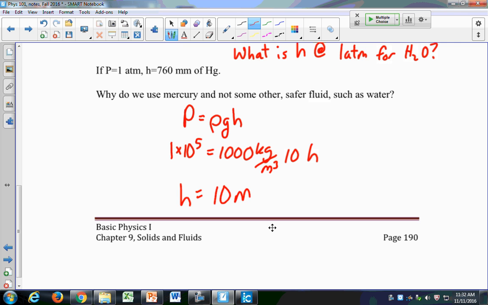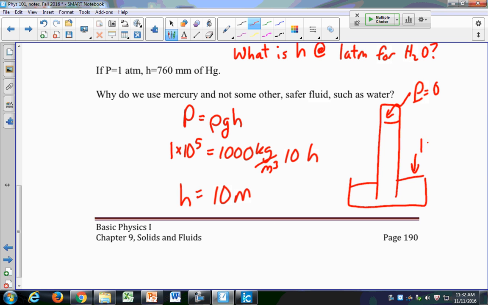That means that if you have a vacuum in your tube, if this has a 0 pressure, P equals 0, then this pressure of 1 atmosphere will push that liquid all the way up to 10 meters. And that is your theoretical limit for the length of a straw. If anybody ever tries to get you to drink out of a straw that's longer than 10 meters, say, no way, I don't want anything to do with that. Because you won't be able to do it. In fact, it'll just suck the brains right out of your head.